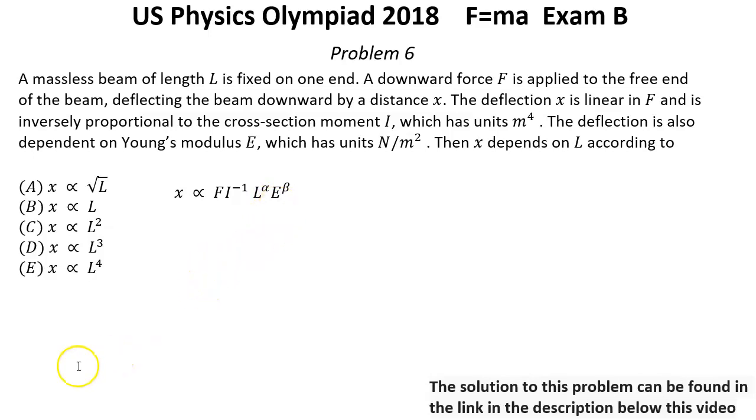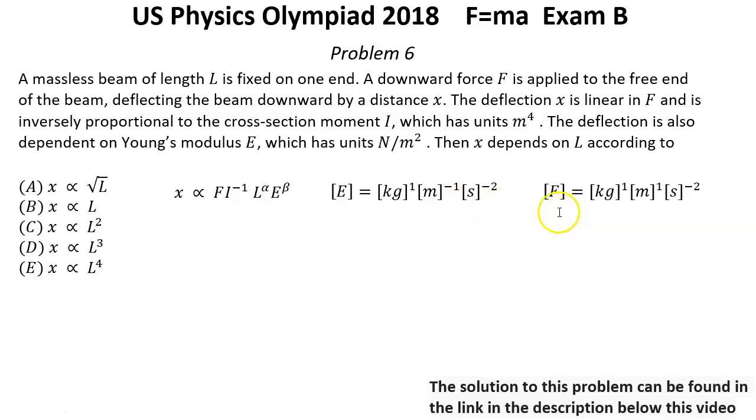We know that dimension for Young's modulus is kilograms by meters power -1 and seconds by power -2. Force has dimension kilograms power 1, meters power 1 and seconds power -2. Cross-section moment I has dimension meters power 4 and length has dimension meters power 1.